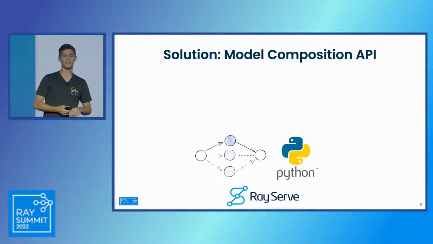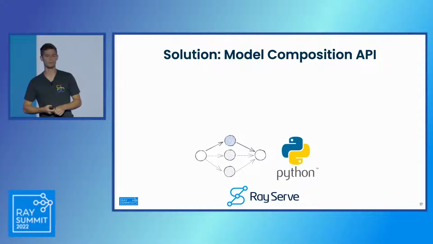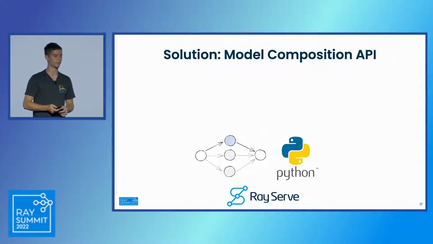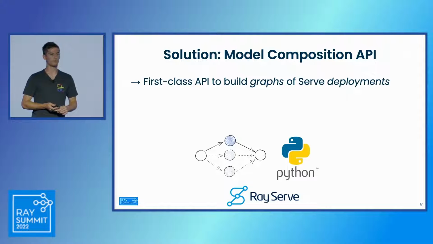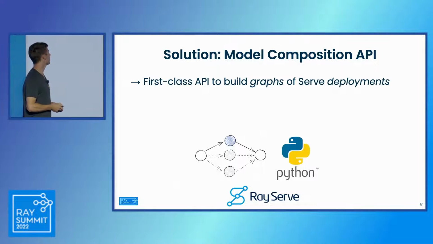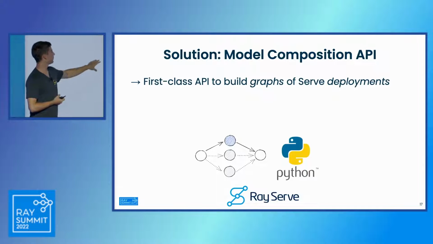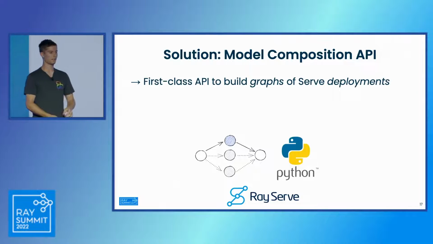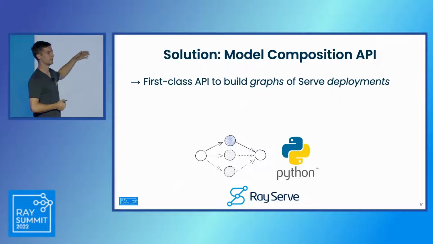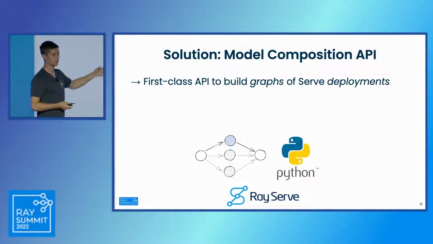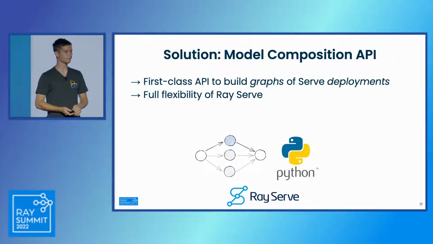So our solution is the Model Composition API, which we've put a lot of work into with the Ray 2.0 release. We've created this API to build graphs, which is just multiple models that can be stitched together with custom logic, of served deployments, which is an existing concept of each individual model in an application.